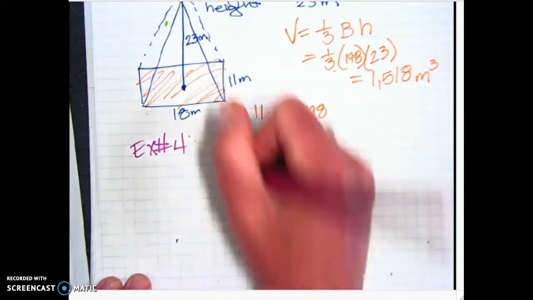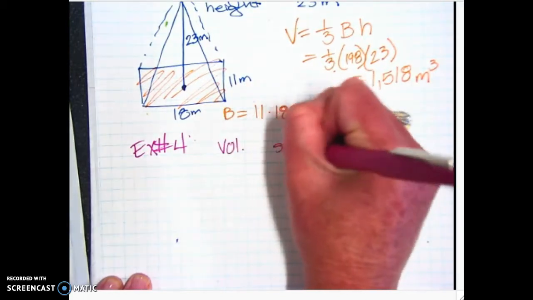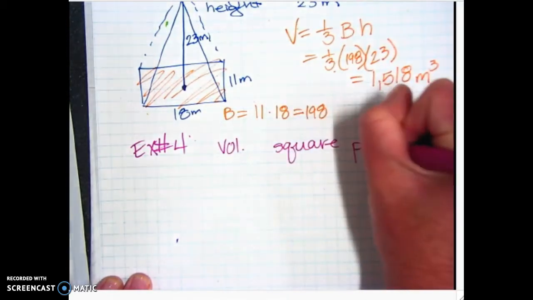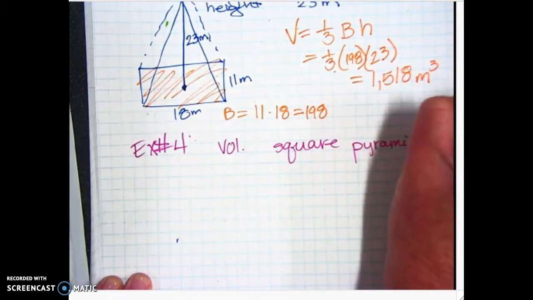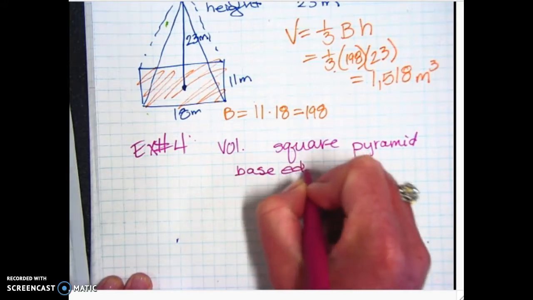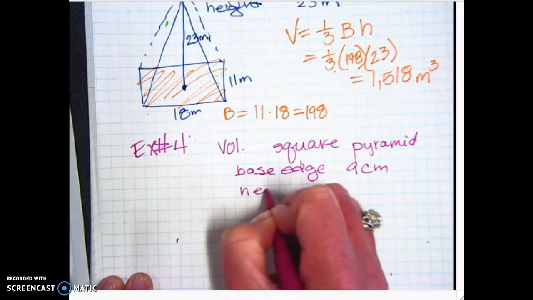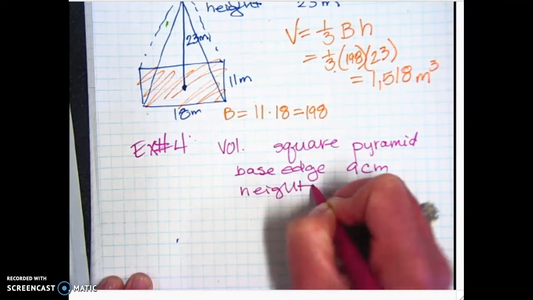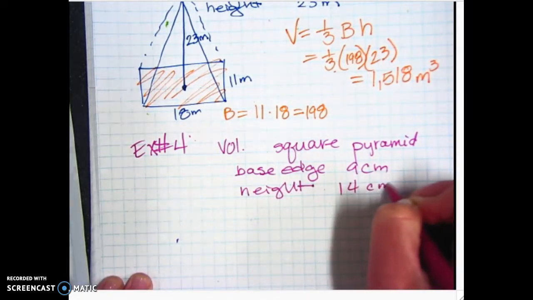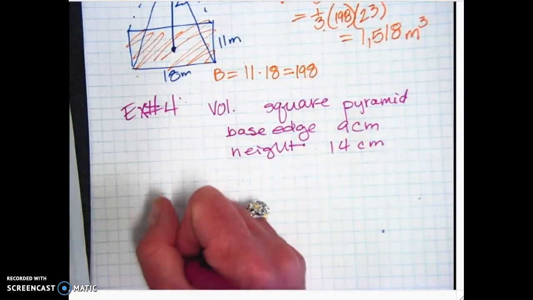This one is a square pyramid, so we're going to find the volume of a square pyramid. We need a base edge of 9 centimeters and a height of 14. Since the base is just a square, it's a little bit easier.